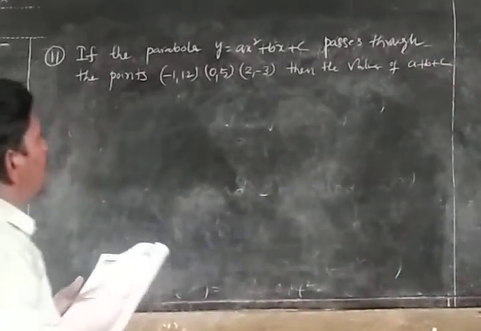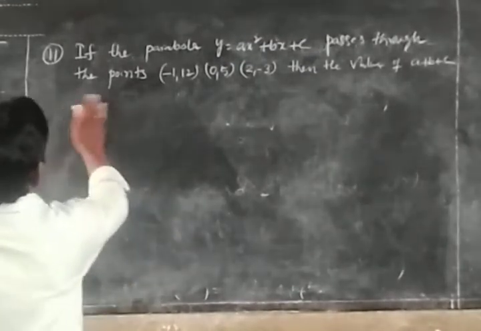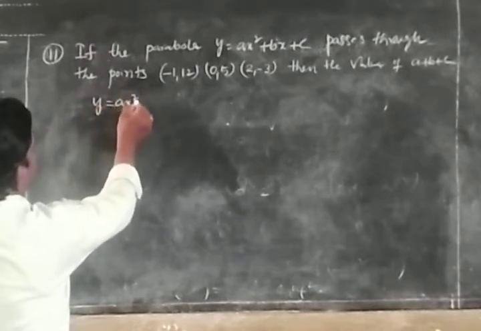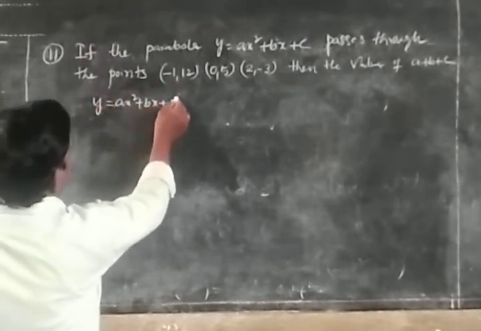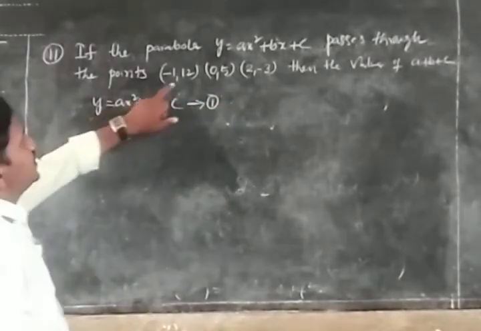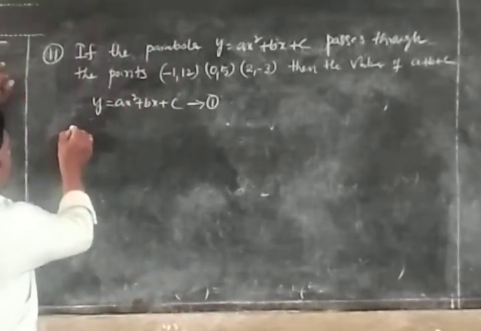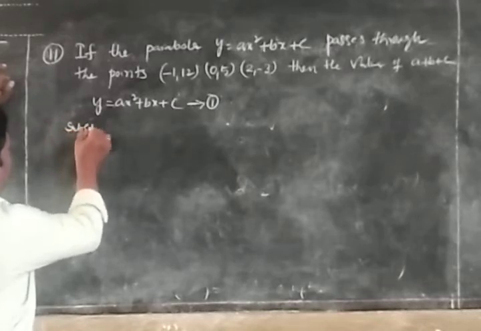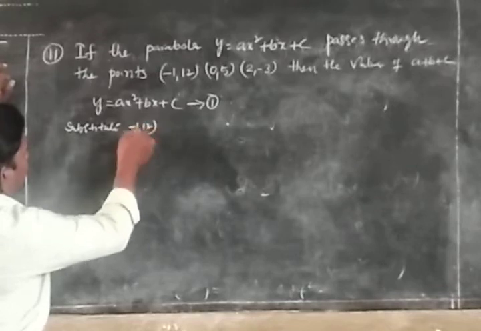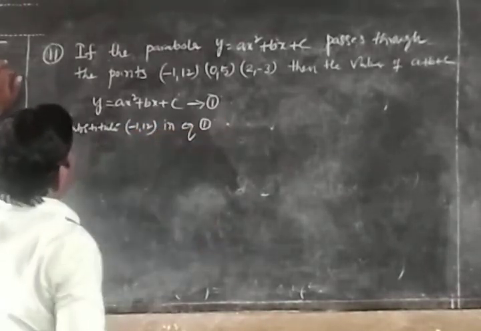Okay, now take the given parabola in equation 1, y equal to ax square plus bx plus c. This is equation 1. Now substitute the point minus 1 comma 12 in equation 1.